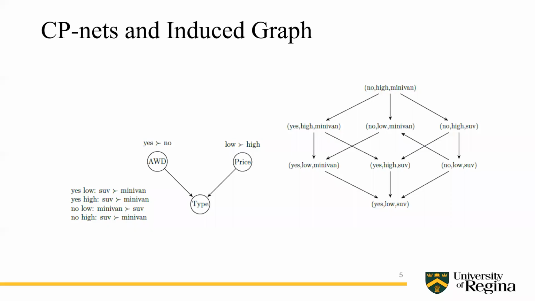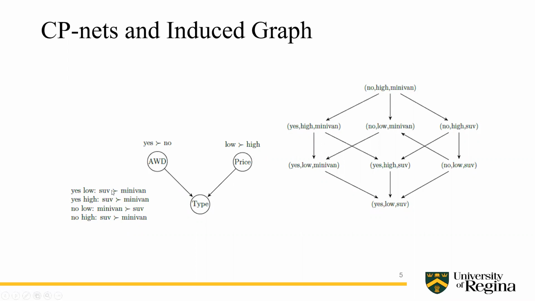Here we can see an example of a CP network. Let's say user preference is described in such a way: if the car is all-wheel drive and the price is low, then the user will prefer SUV over minivan.